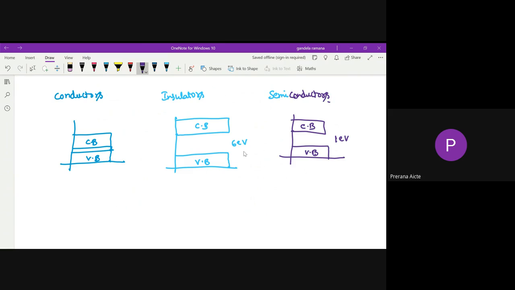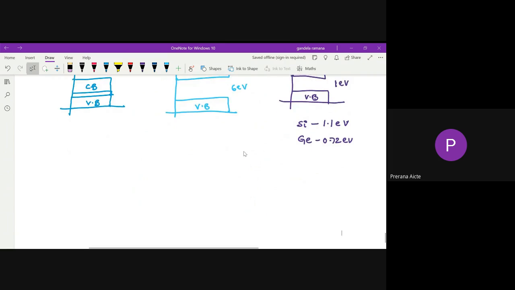Suppose the material is silicon, how much is the energy gap? It is 1.1 electron volts. Suppose it is germanium, how much is it? 0.72 electron volts. So which material is called a semiconductor? Fourth group elements we call semiconductors.